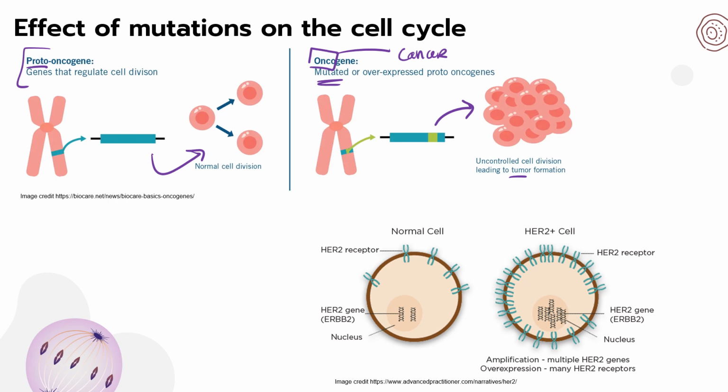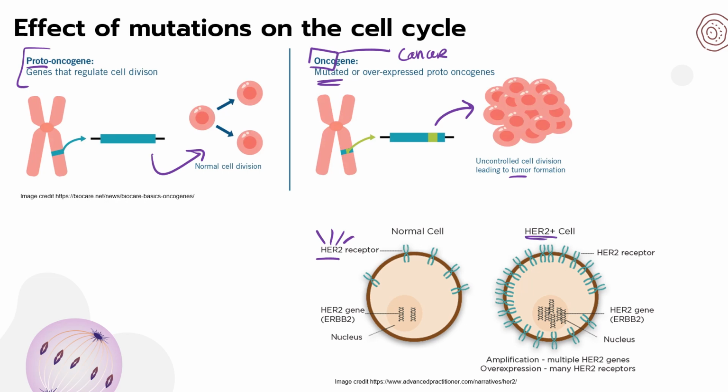An example of a proto-oncogene is the HER2 receptor gene. HER2 stands for human epidermal growth factor receptor number 2. When we have normal amounts of these growth factor receptors, then our cells are going to divide at a normal rate.